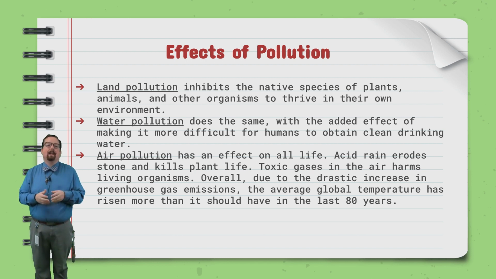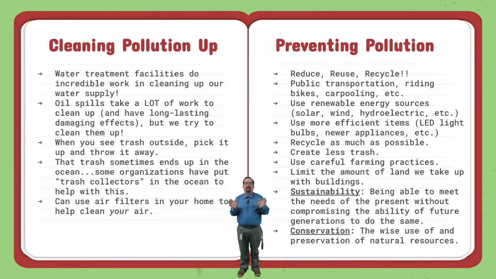Toxic gases in the air can be directly harmful to organisms. And due to the greenhouse effect and an increase in the amount of greenhouse gases caused by the burning of fossil fuels, the average global temperature on Earth has risen more than it was supposed to over the last 80 years. It would take a massive global effort to really clean up our planet, but there are things that we are doing now and some things that you could do to help.